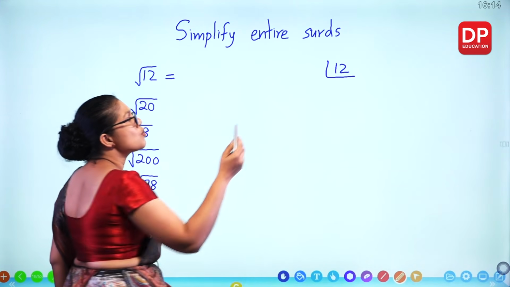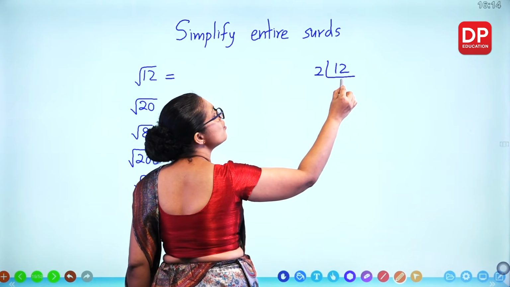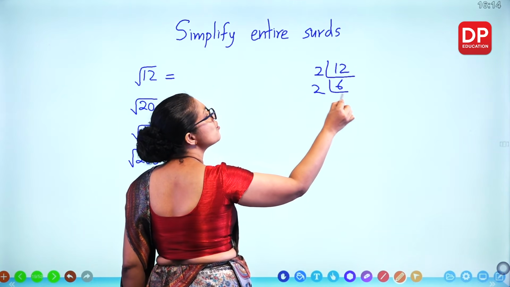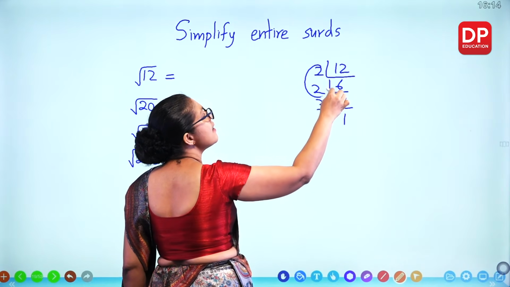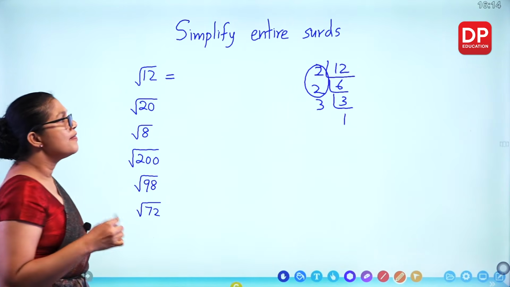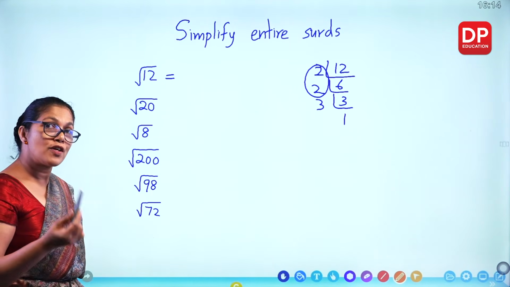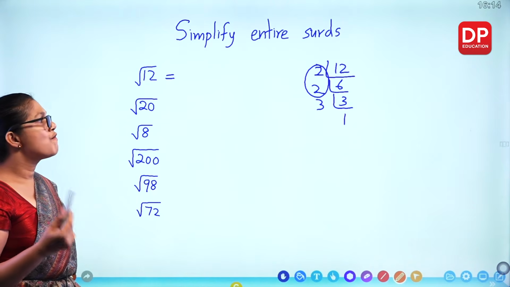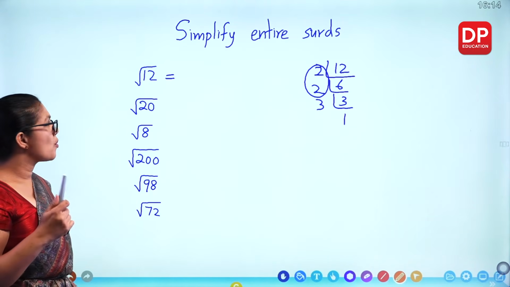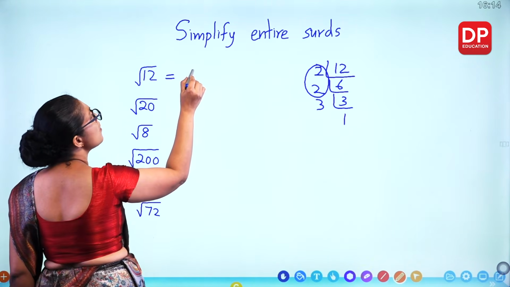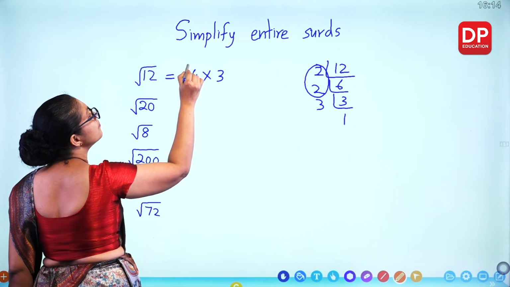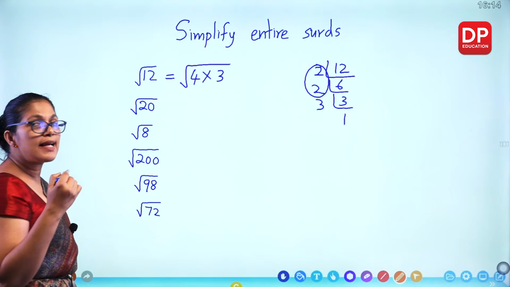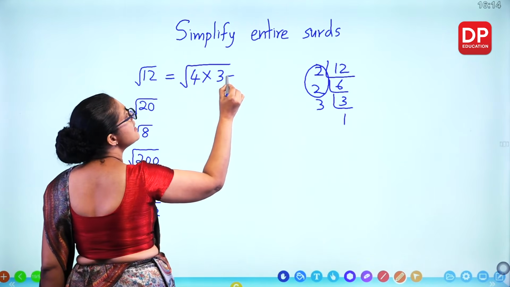Now we'll see 12. You can divide by 2, you get 6, divide by 2, you get 3. Now I can see one pair is there. That means 2 to the power 2. 2 squared is 4. 4 is a square number. So I can write 12 in terms of 4 and 3. If I can write like that, you can easily simplify.